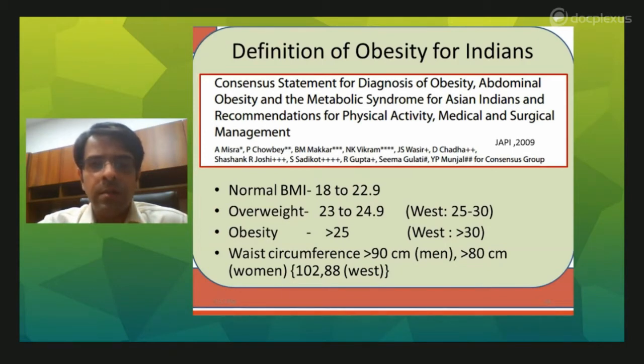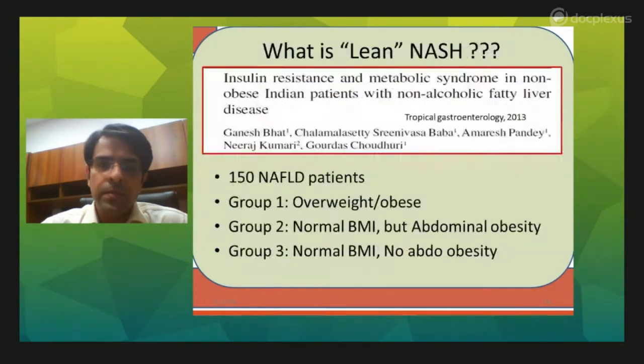So the consensus statement by the Indian Society suggested obesity to be defined as more than 25 in Indians, and this is important. Indians are at more risk metabolically, even at a lower BMI.